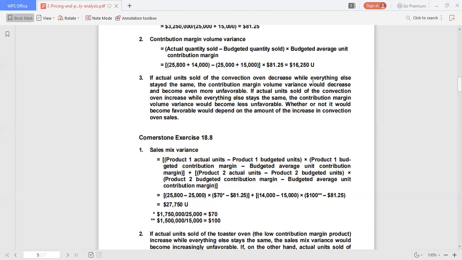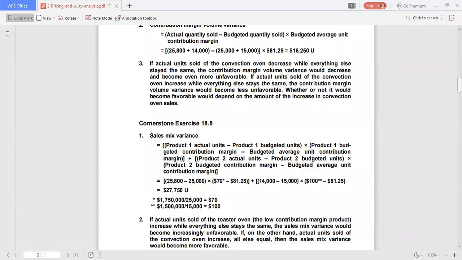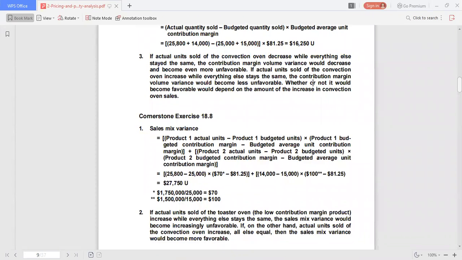Okay, so in requirement number 2, if actual units sold of the toaster oven, the low contribution margin product, which is only at 70, increased while everything else stays the same, the sales mix variance would become increasingly unfavorable. If, on the other hand, actual units sold of the convection oven increase, all else equal, then the sales mix variance would become more favorable.